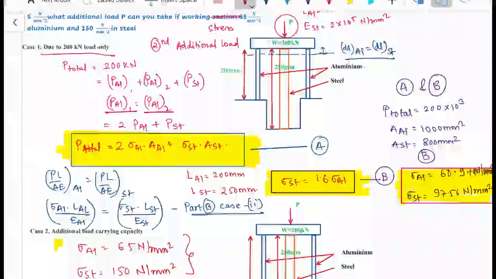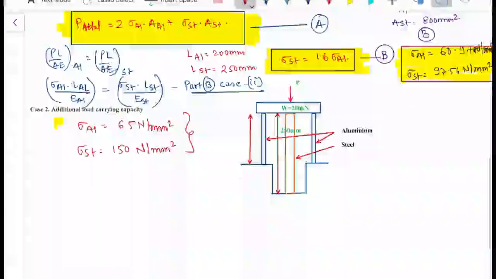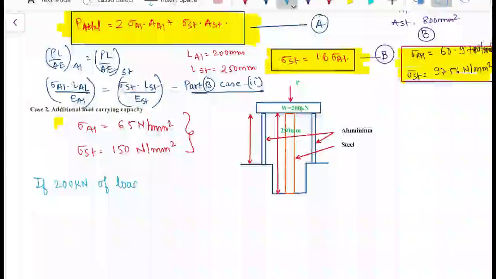Now as per our answer, if 200 kilonewton of load is applied, how much is the stress on the steel bar and aluminum bar?